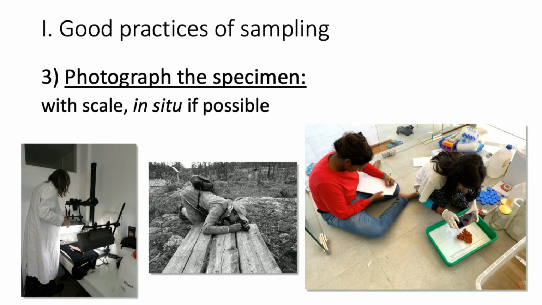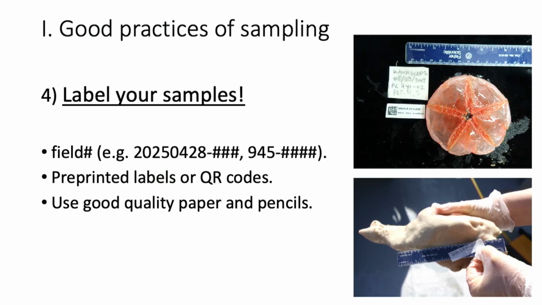I always recommend to photograph your specimen even before collecting it. If you can have a picture in situ, it can be very useful with a scale, of course. If not, any picture of the specimen will do and will need to be published along with the whole genome information and sequence.